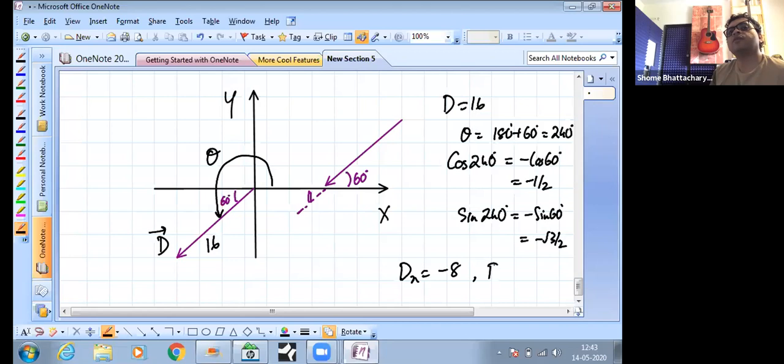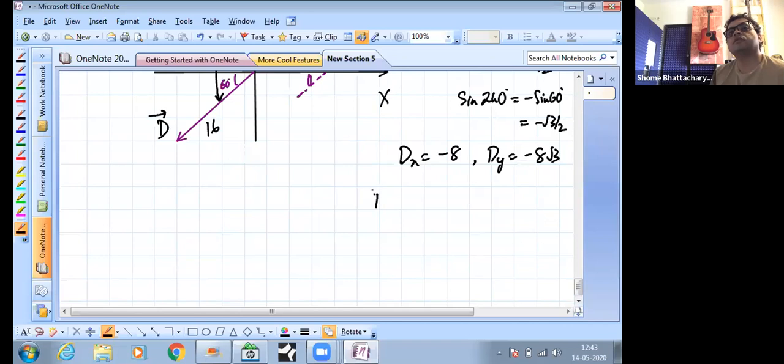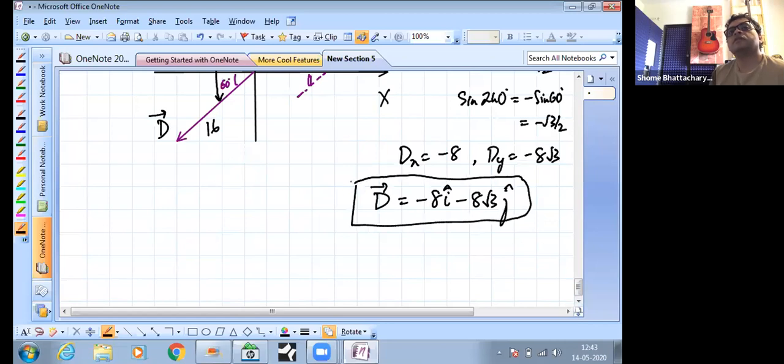And your y component will become 16 into minus root 3 by 2, that is minus 8 root 3. So your vector D, now expressed in component form, becomes minus 8 i cap minus 8 root 3 j cap. This is the vector.